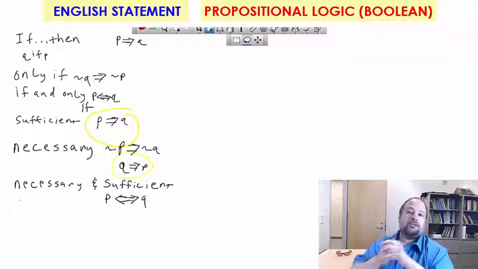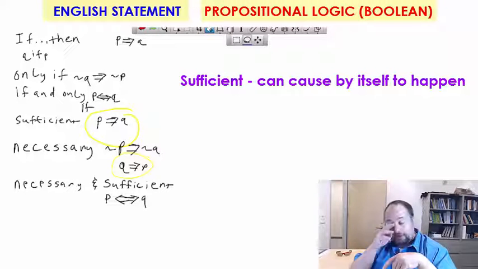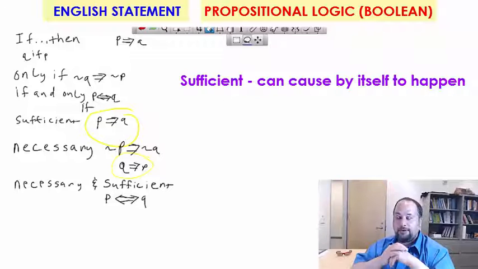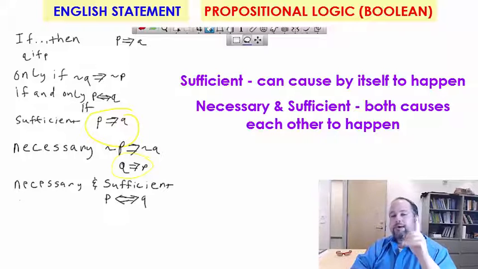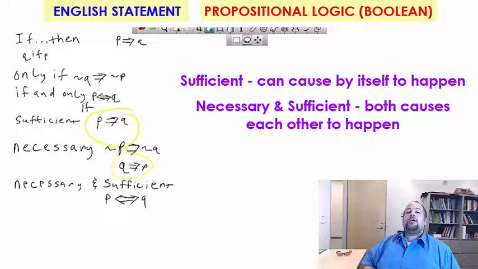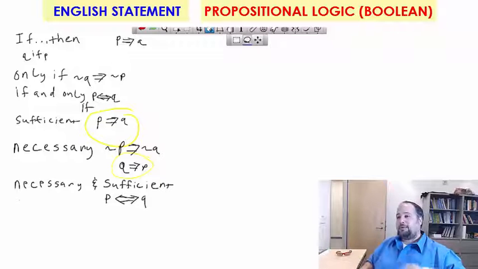This is math terminology, and when we're doing proofs in math, we use terms like necessary and sufficient. If we say it's sufficient, we mean by itself it could possibly cause it to happen. When we say it's necessary and sufficient, we're saying both of them have to happen. They cause each other. We don't need to worry about that too much, but you need to be aware of it, in that in higher level courses, those terms come up. In particular, those of you going on to Cal State Long Beach, they have a second course in discrete structures. So that one might come out and get you.